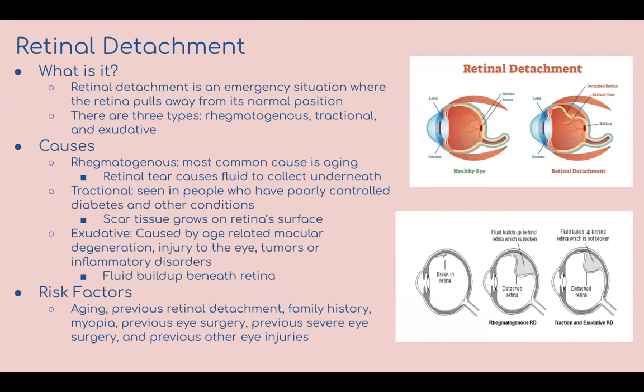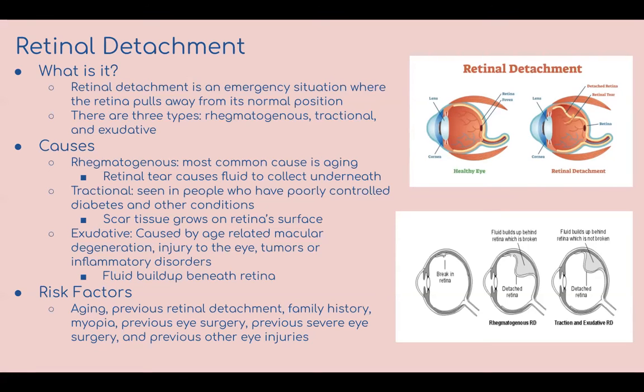All right. So the first disease we're going to talk about for the eye is retinal detachment. Retinal detachment is an emergency situation where the retina separates from its normal position and thus pulls away from its blood supply. And that will ultimately lead to permanent vision loss if it's not handled soon. There are three types.